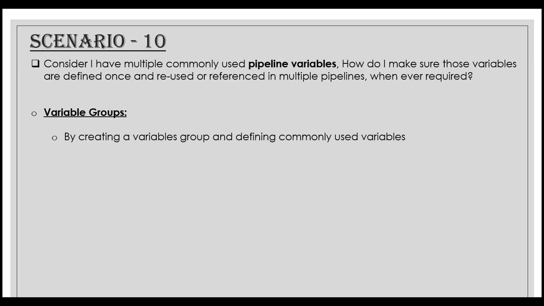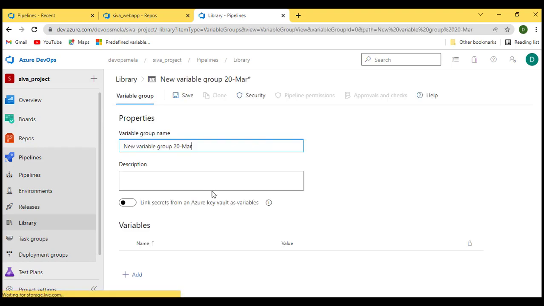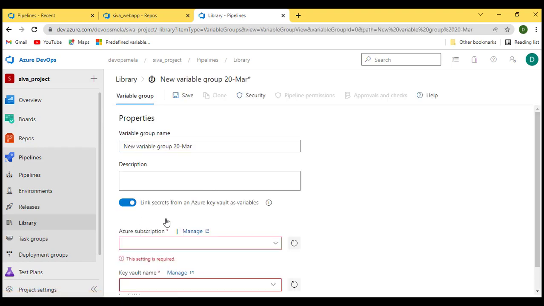There's a very important feature of variable groups which you will be using a lot. Variable groups can even be used to link secrets from an Azure KeyVault as variables. So this is a very classic example. Now if I go back, if you see this, I can link my Azure KeyVault directly. So the classic example is, suppose you have a database. You're deploying things into your database.